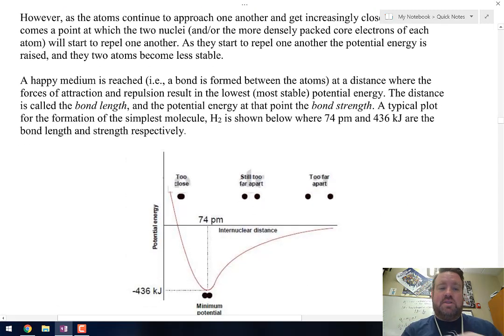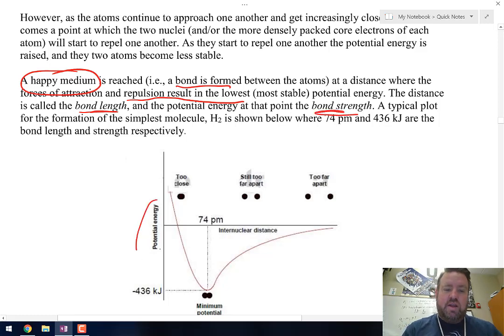What happens is a happy medium is reached, and that's when the bond is formed, at a distance where the attraction is as great as possible but the repulsion is as low as possible. That distance is called the bond length. Whatever distance it ends up being, that is the length of the bond. And the potential energy at that point is what we consider to be the bond strength.